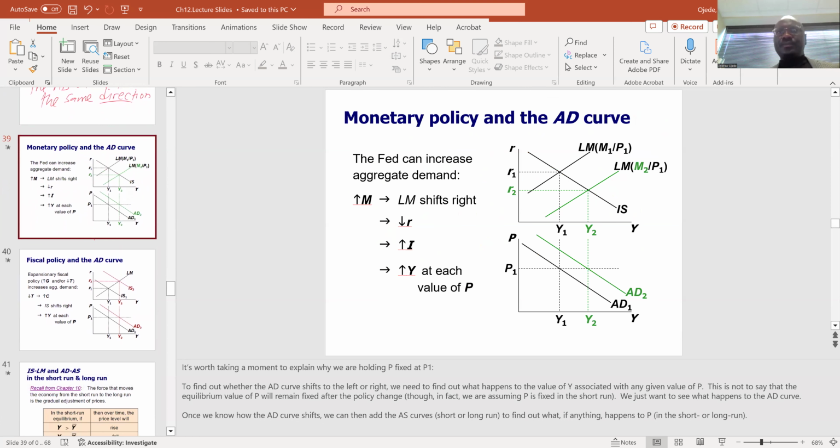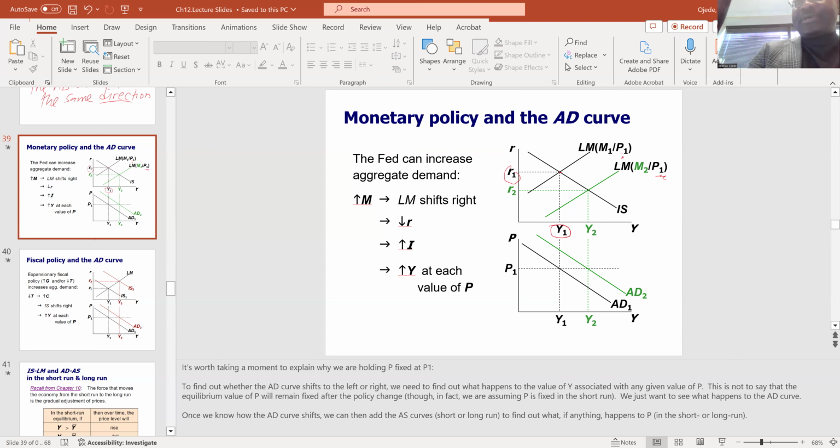So now, this is exactly what we're talking about. If the Fed increases the money supply, we know that, holding price constant at P1 because in the short run, this was your initial equilibrium point where the LM curve 1 intersects with the IS curve. So the initial equilibrium values are interest rate R1 and Y1.